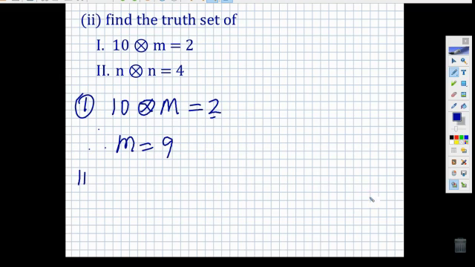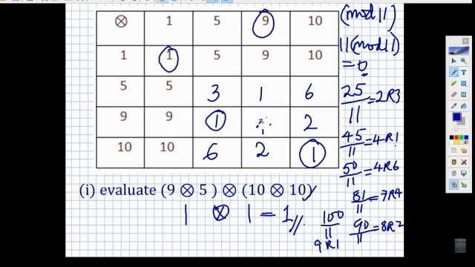Again, n modular multiplication n gives us 4. What we do is go to the table and look for where two numbers multiply themselves to give us 4. The pair of numbers multiplying themselves to give us 4 can be found here. Is there any other place where two numbers multiply themselves to give us 4?